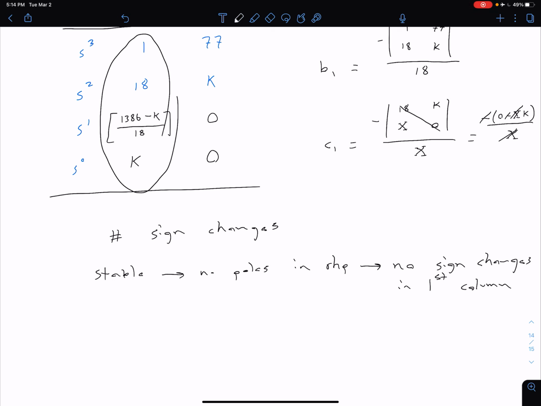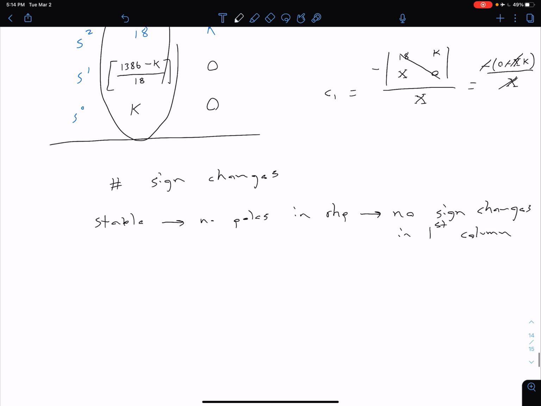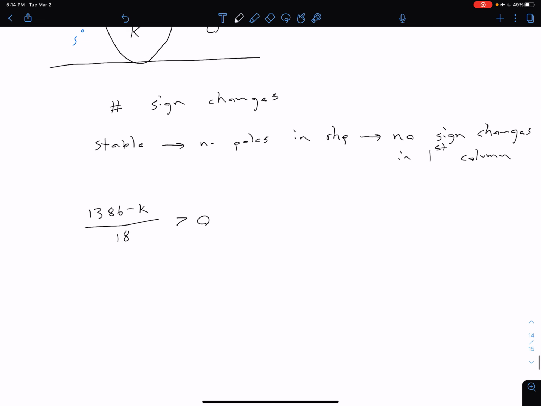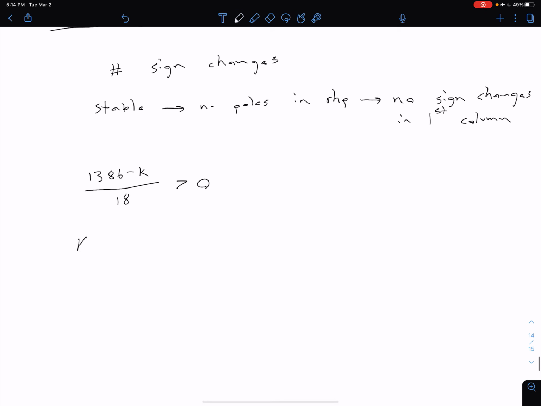So now because our 1 and 18 are positive, that means that this 1386 minus k over 18 also needs to be positive. So we can say 1386 minus k over 18 needs to be greater than 0. And so the 18 goes away, and we're left with our k has to be less than 1386.